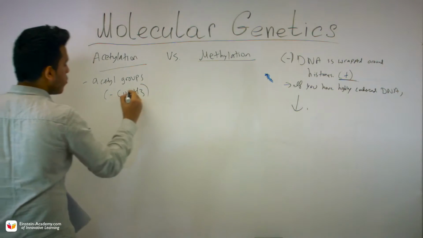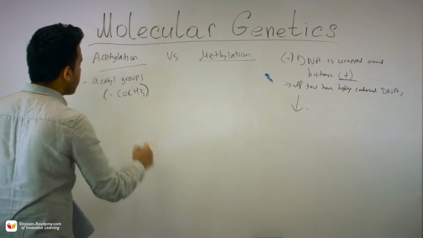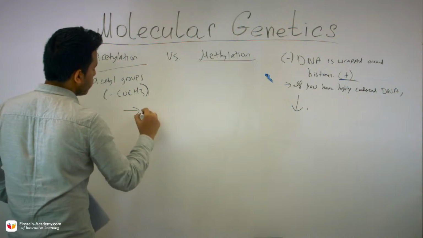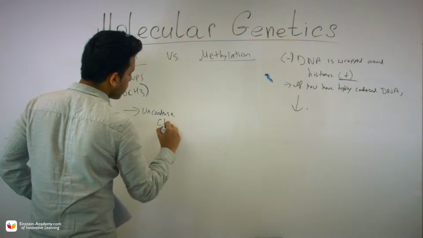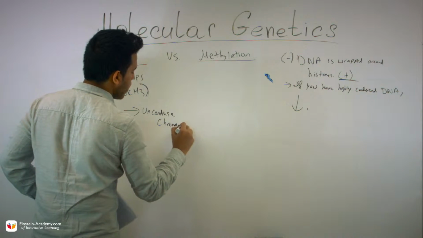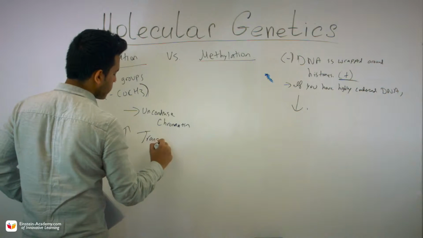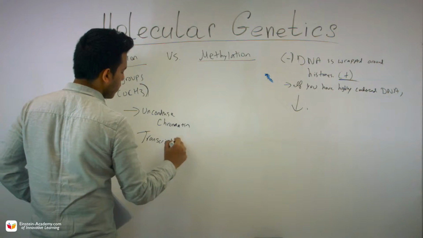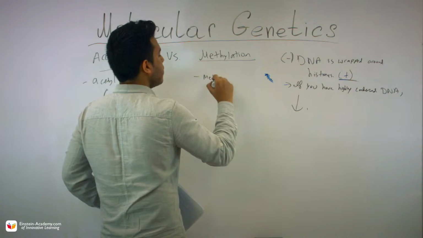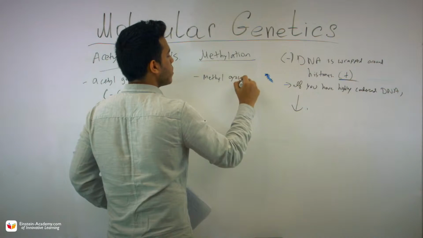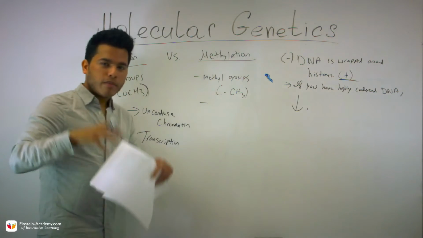So COCH3, you add these groups to the histones, and what starts to happen is you start to uncondense the chromatin, and it favors transcription. On the other hand, methylation, you're going to add methyl groups, and this is going to make it more condensed.